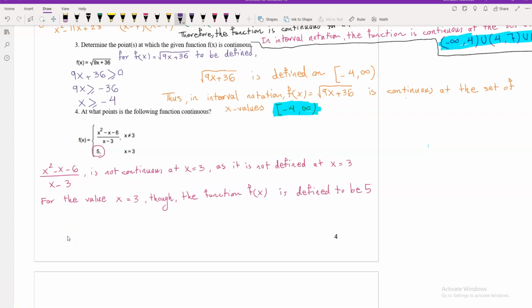Now we want to find limit of x squared minus x minus 6 divided by x minus 3 as x approaches 3, and compare that one with our function value when x is equal to 3.